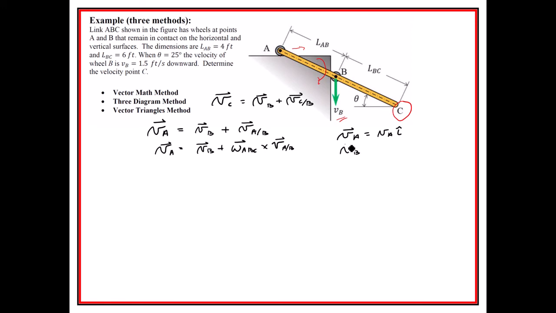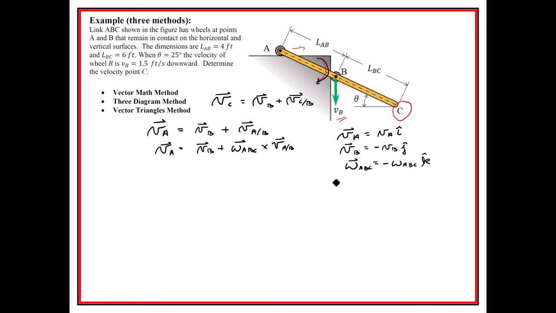So the velocity of B, we know that's negative V_B, the speed, j, right there. We don't necessarily know the direction of omega, but we could figure it out on our own by observation that this has to be counterclockwise. I mean, it has to be clockwise. So it's going to be a negative number we're anticipating. We could leave that as positive and just find it out later. And we know it's going about k.